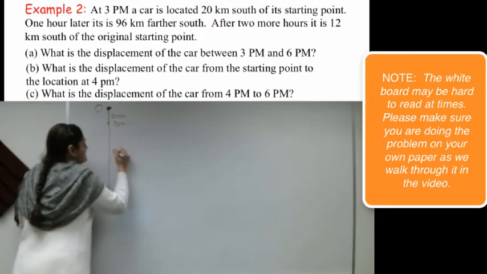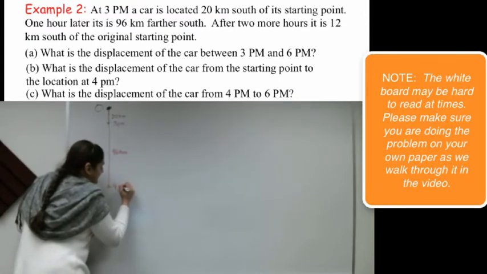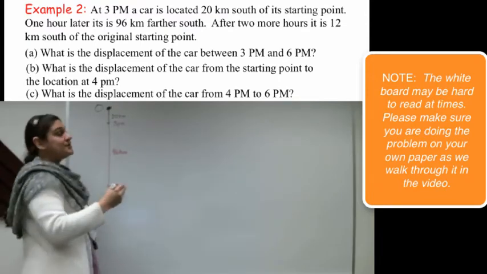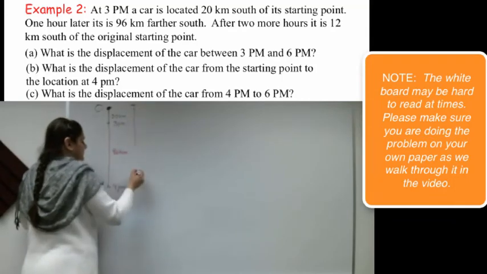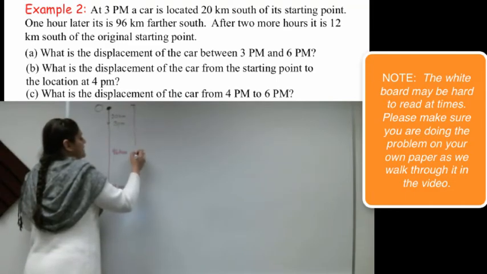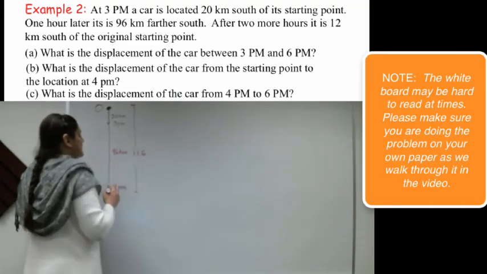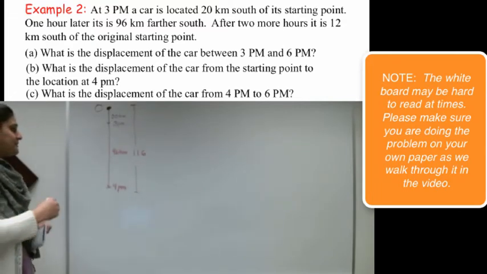This is 96 kilometers, and that means it's 4 p.m. Okay? So the total distance between here and here is 96 plus 20, which makes it 116 kilometers.